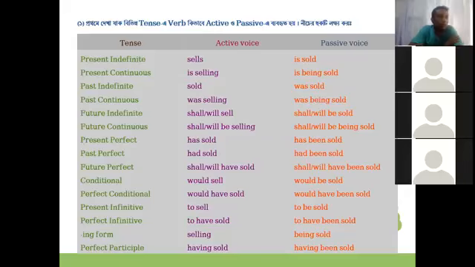In our conditional sentences, we usually use would sell in the active voice, and in the passive voice we use would be sold. Perfect conditional, as we can see, our third conditional, would have sold in the active voice, would have been sold in the passive voice.